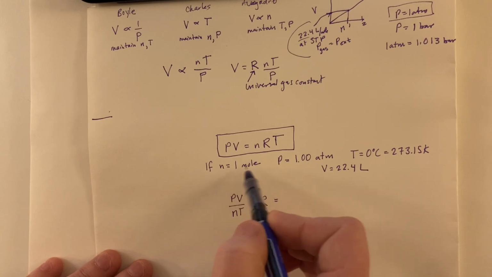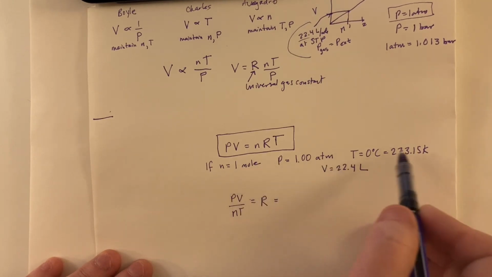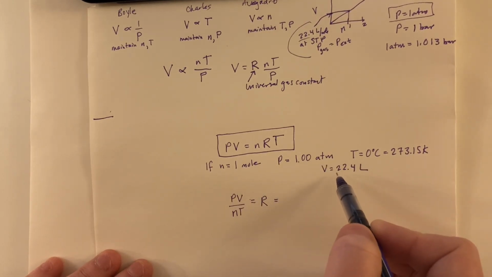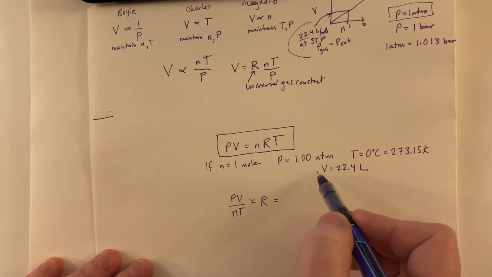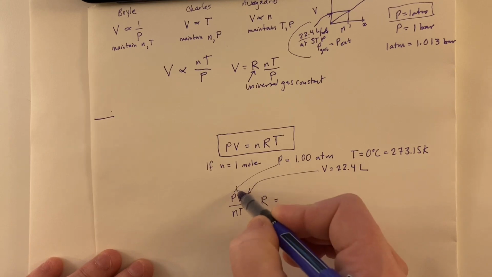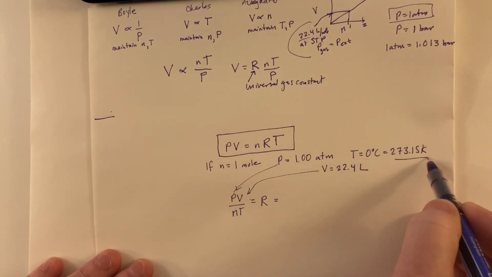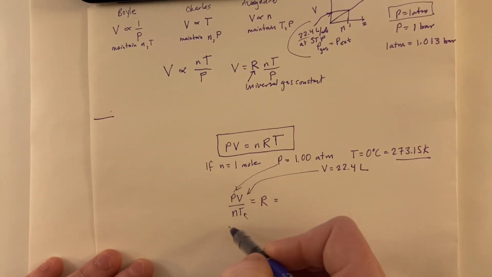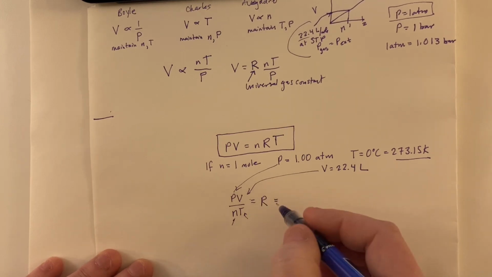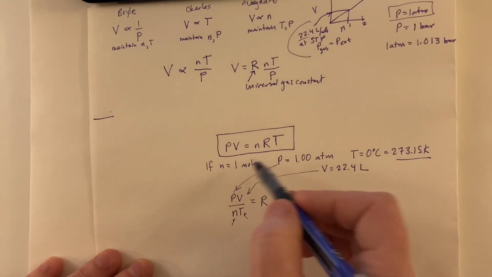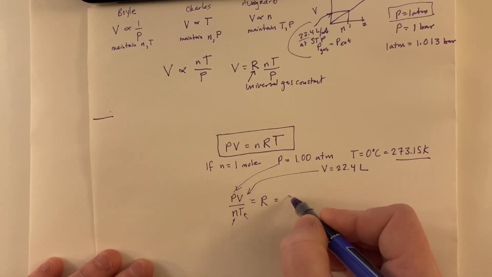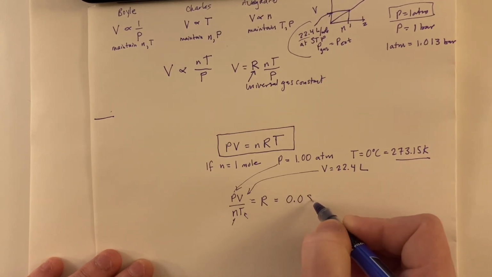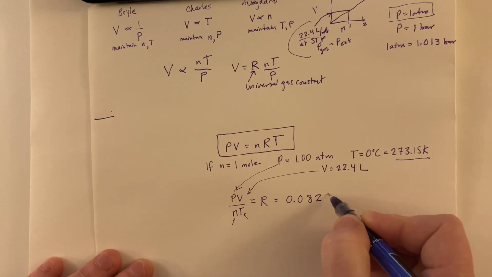And if I have 1 mole and STP conditions and this molar volume, the 22.4, and I plug all those in to this equation, and by the way, I want to plug in Kelvin temperature here, 1 mole there, then I can calculate R. This is based on experimental measure, and I can calculate R, this constant of 0.0820.